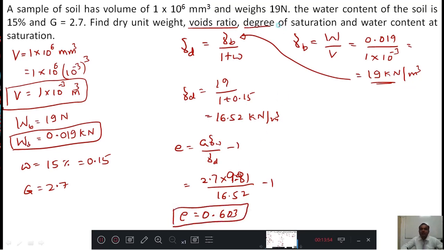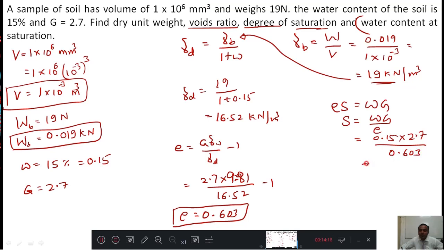Now next, what are they asking? They are asking degree of saturation and water content at saturation. This is a different question. First, degree of saturation. Formula: eS equal to wG. Now I want S equal to wG by e. What is w? 0.15. What is G? 2.7. What is e? 0.603.